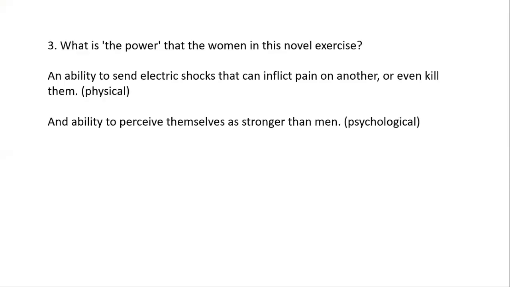And this is the ability for women to perceive themselves as stronger than men. Both the physical and psychological power are incredibly important in understanding how women come into power and subvert patriarchy. So that's how they overthrow male dominance. They need both the physical and the psychological.